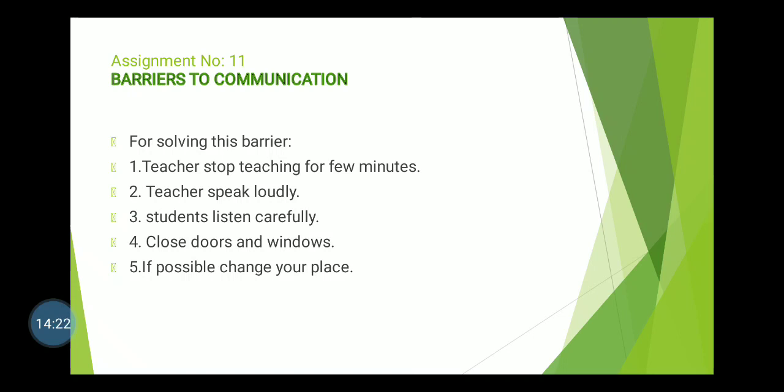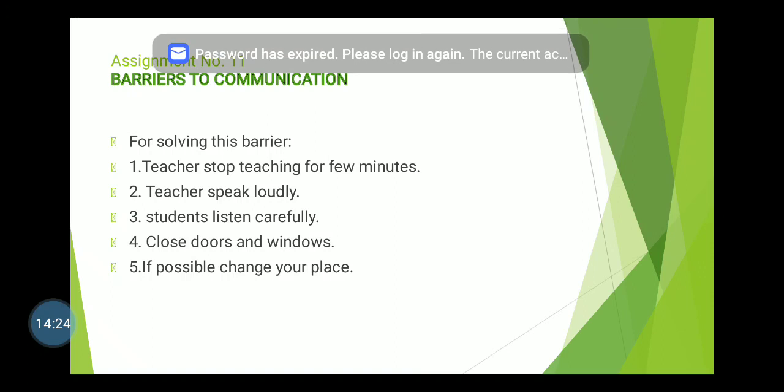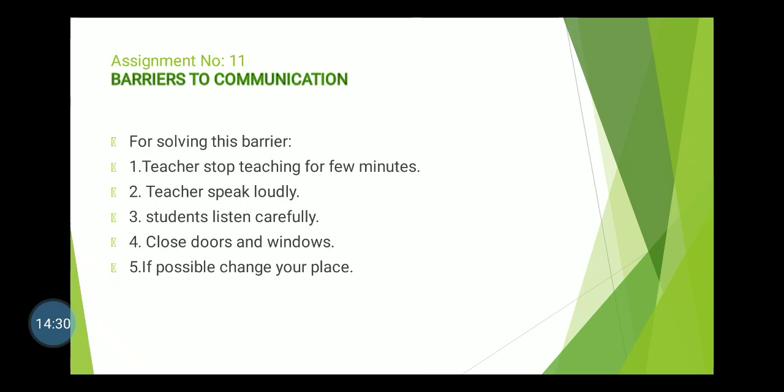Distance. The receiver who is sitting near the speaker, near the sender, understands the message properly, and the receiver who is sitting far from the speaker, it creates disturbance. So distance also. Physical fitness, maybe both sides, sender and receiver side, are responsible for creating physical or environmental barriers.